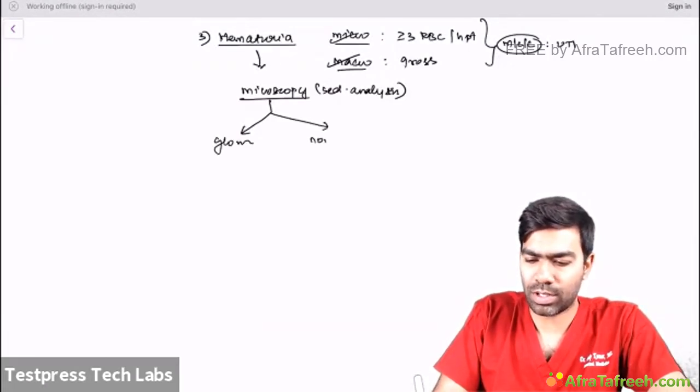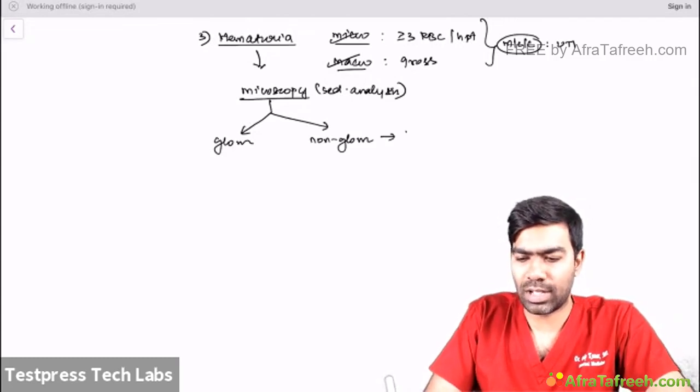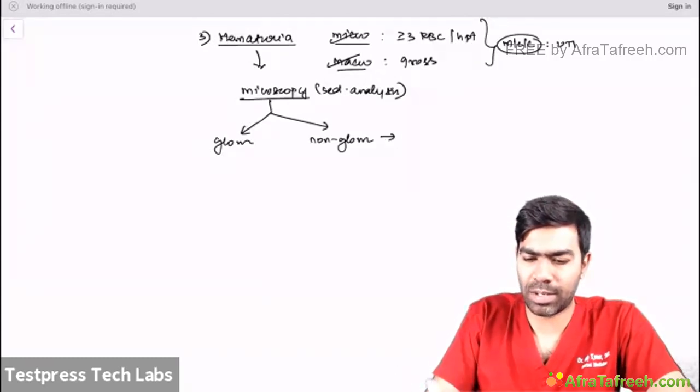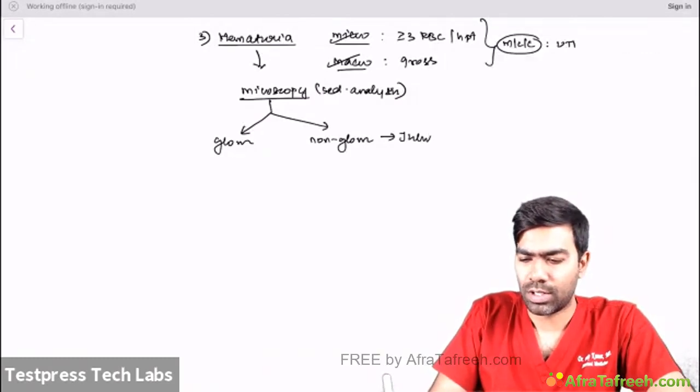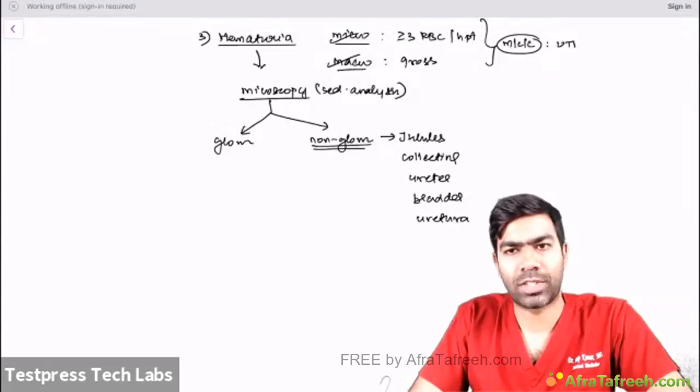That's the most important thing. Non-glomerular hematuria means it can come from the kidney parenchyma itself, that is the tubules, from the collecting area, or from the ureter, the bladder, or the urethra also. So this is basically a non-glomerular hematuria.